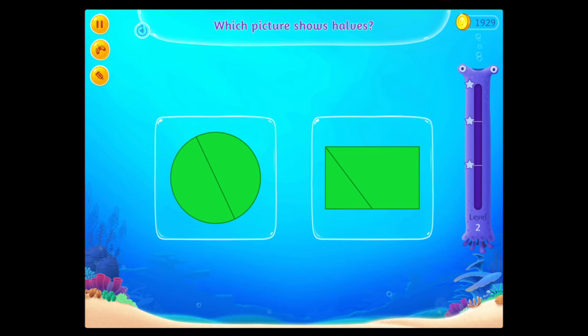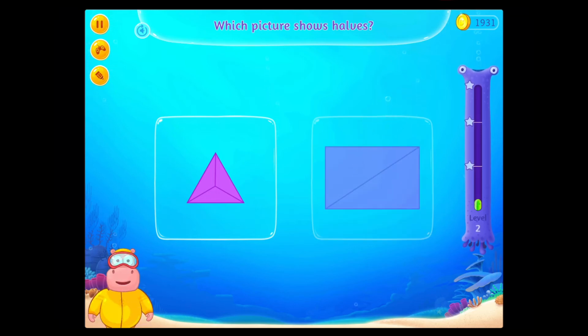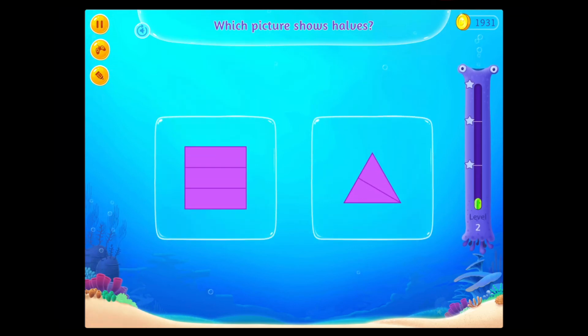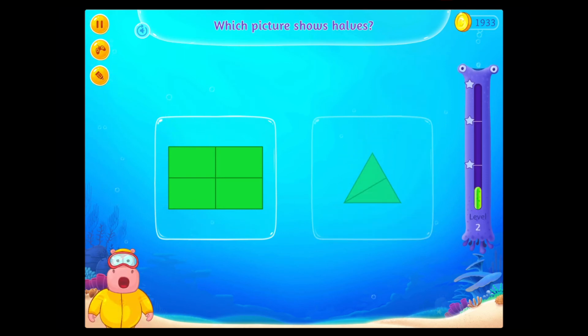Which picture shows halves? Good going! Which picture shows halves? You rock! Which picture shows halves? Correct! Which picture shows halves? Congratulations!